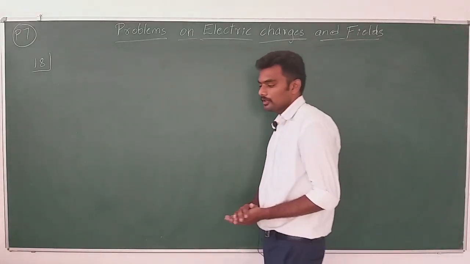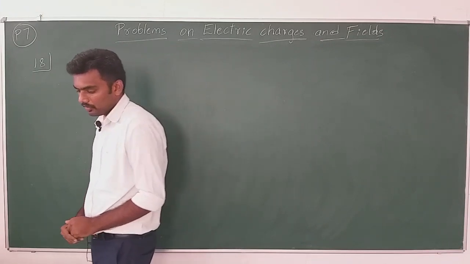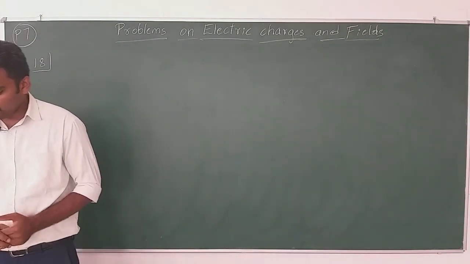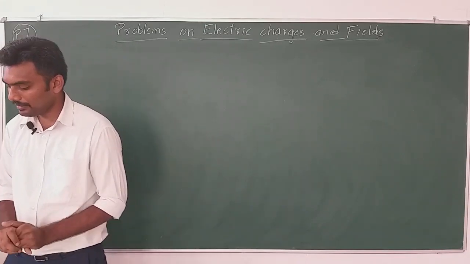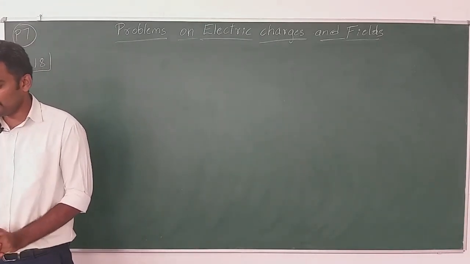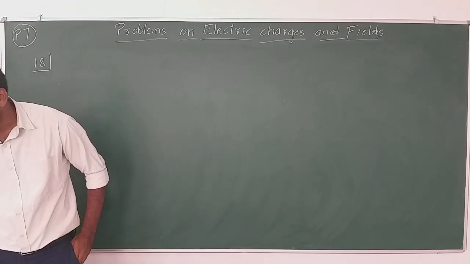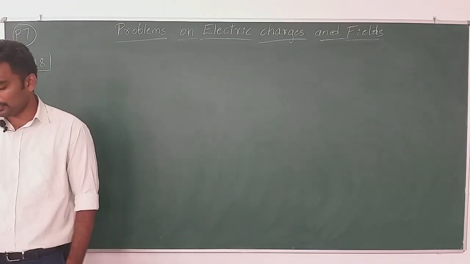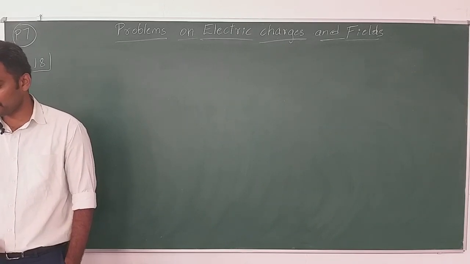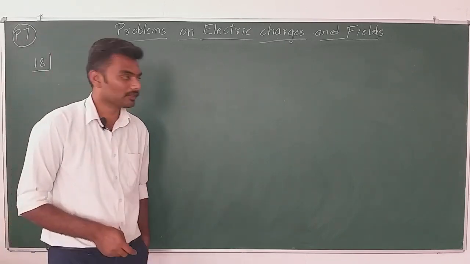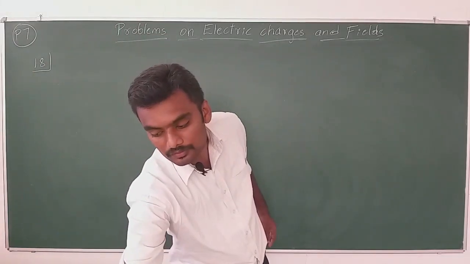Next, question number 18, page number 45. A cubical Gaussian surface encloses a charge of 8.85 into 10 to the power of minus 10 Coulomb in vacuum at center. Calculate the electric flux through one of its surface. So now what's given?